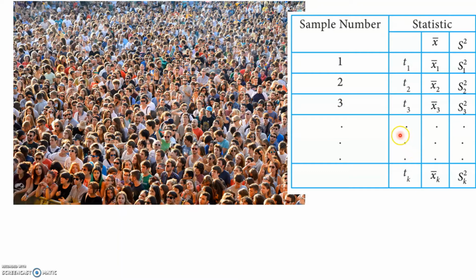And let's assume that x1 bar, x2 bar, xk bar, these are the means that we infer from each of these corresponding samples. The population mean is represented by mu, and the sample mean which we find from each sample will be different from the population mean.